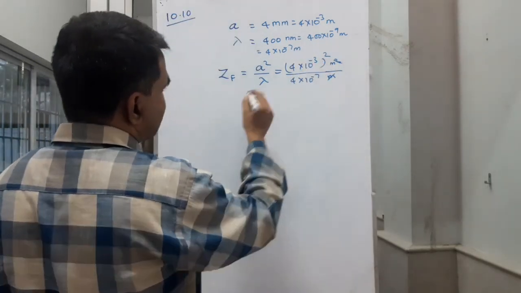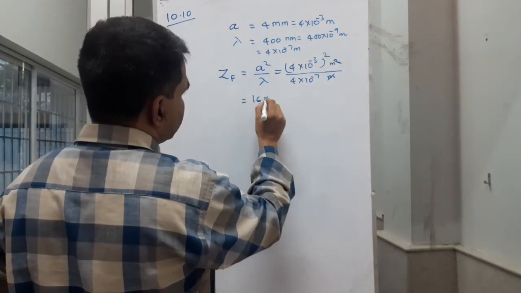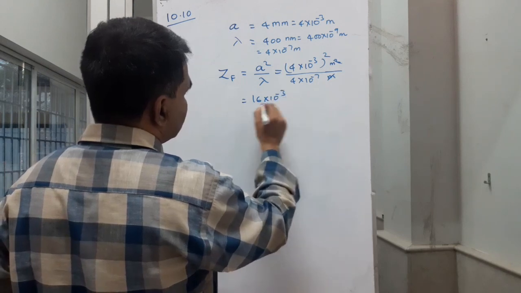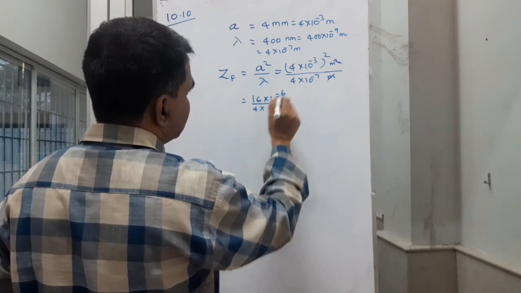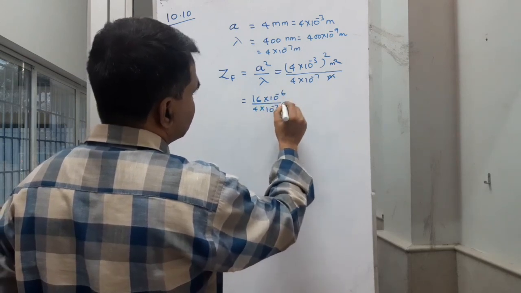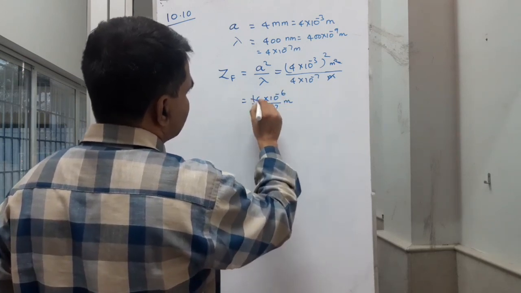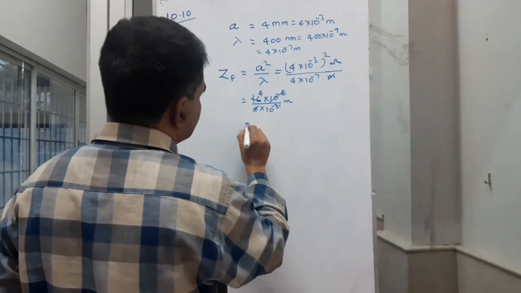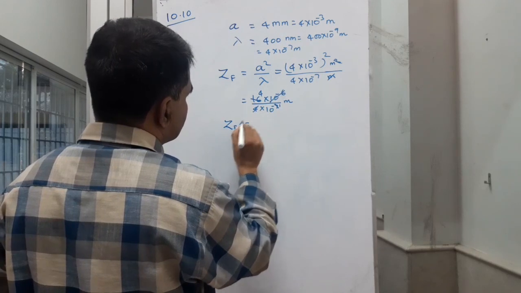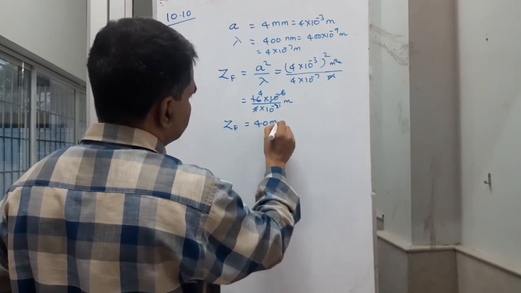So it will be 16 into 10 power minus 6 by 4 into 10 power minus 7 meters. So this will be 4, and this will be 1, so it goes up. Then the Fresnel distance is 40 meters.